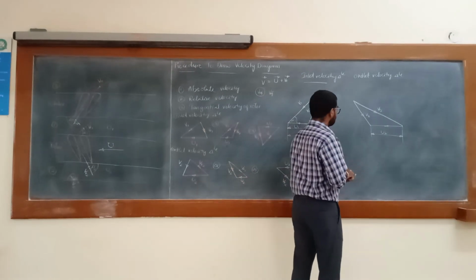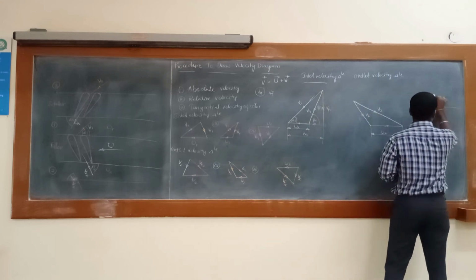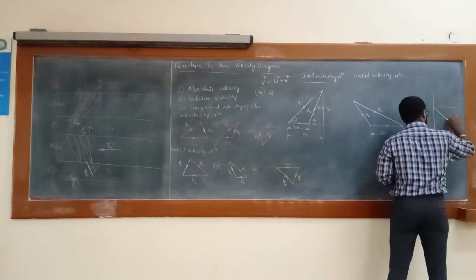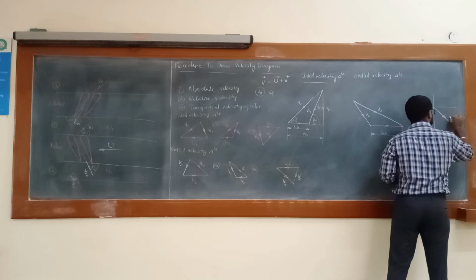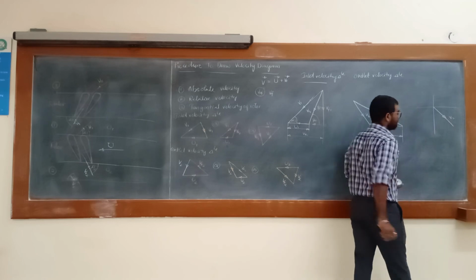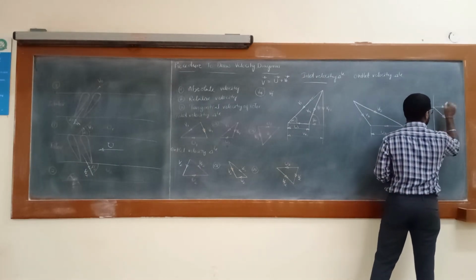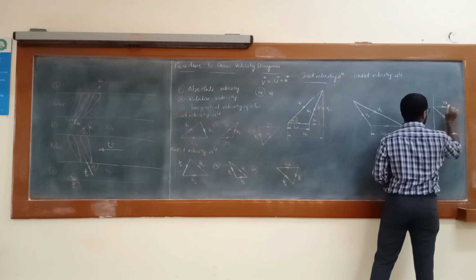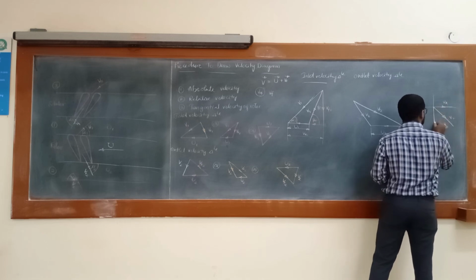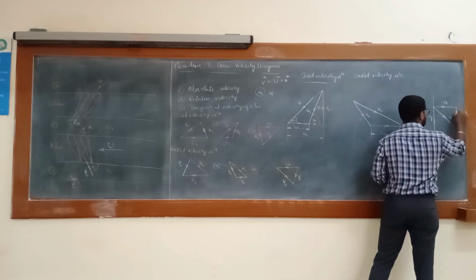How to resolve it? Say this is the V2 you are having. Resolve along x-axis and y-axis. What are you going to get? This is Vx and this is Vy.